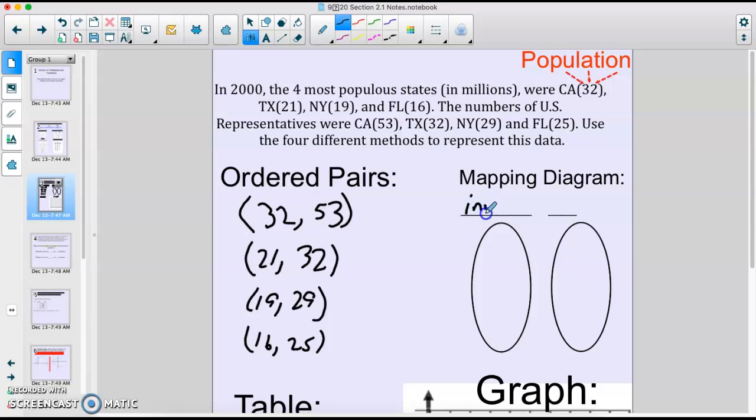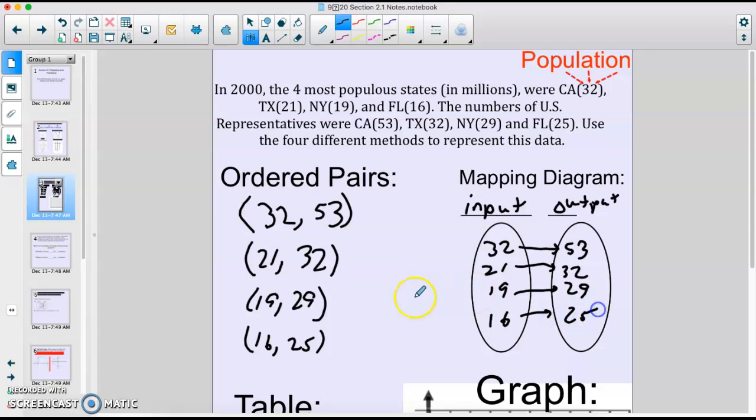Another way to think of it, we'll keep with our input-output. This is our input and our output. What this results to is we input 32 million people, and we get out 53 representatives. 21 million people outputs into 32 representatives. 19 million results in 29 representatives, and lastly 16 million results in 25 representatives.